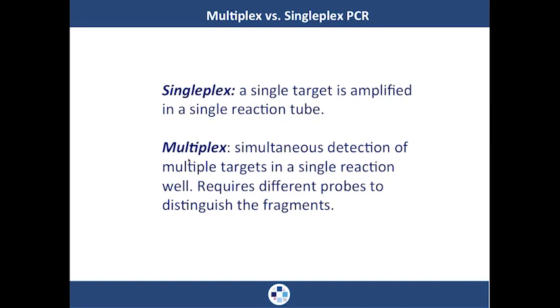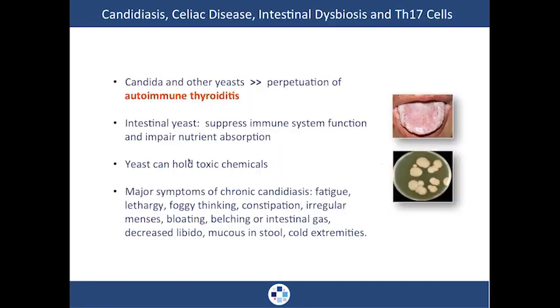Most tests now are using PCR, using what's known as multiplex testing. In other words, they can use a whole bunch of probes in one sample and get really wonderful test results back to really find out what's going on. Remember, a lot of bacteria have been associated with potential autoimmune triggers, and particularly thyroid triggers as well. That's really the point here.